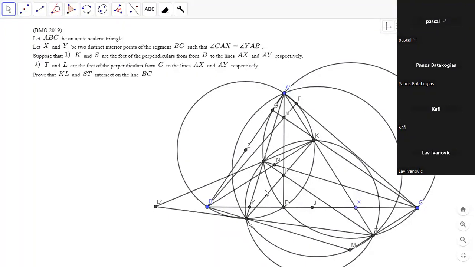So ALC and AKB. And then we have ASB and ATC. I think that might be enough. Yeah, okay. And so that would show that SLKT is cyclic.